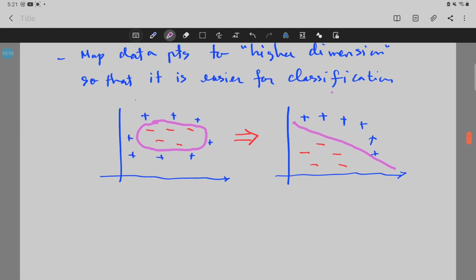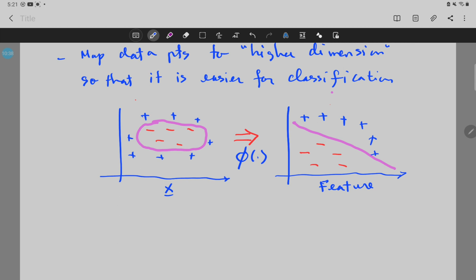So in a way, we have a certain function to transform the original data, let's call this x, into the new features. Generally, we map to a higher dimension to do this.